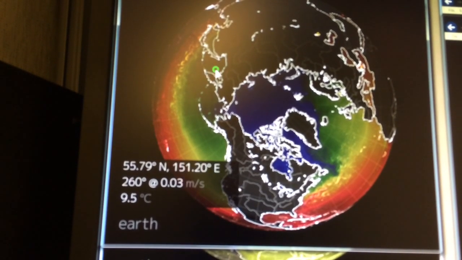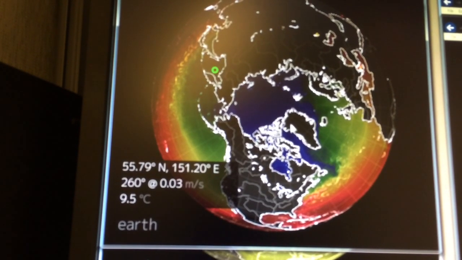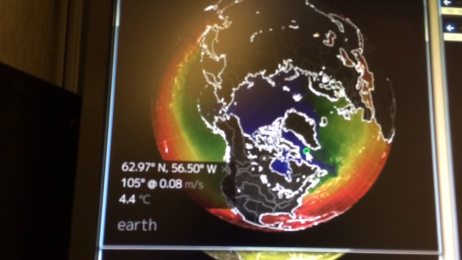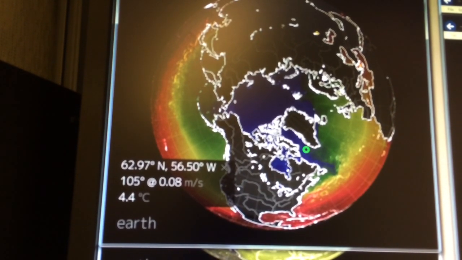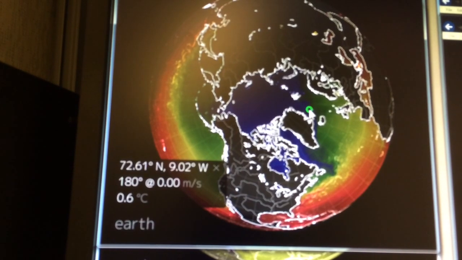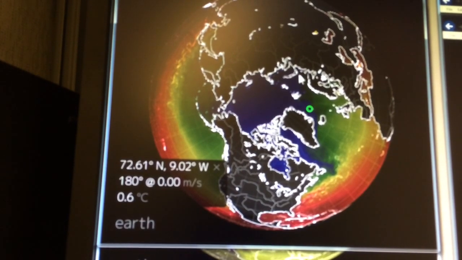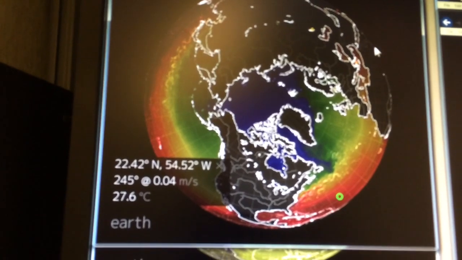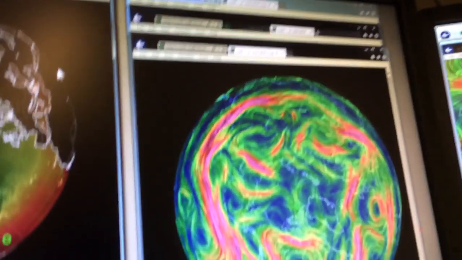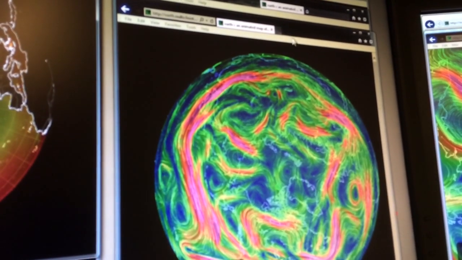Over here it's very warm. If you look up here, it's still warm. So the temperatures here are above zero. You can see the very warm oceans here, so the oceans are warm surrounding the whole basin.